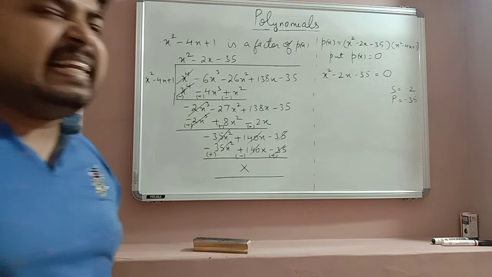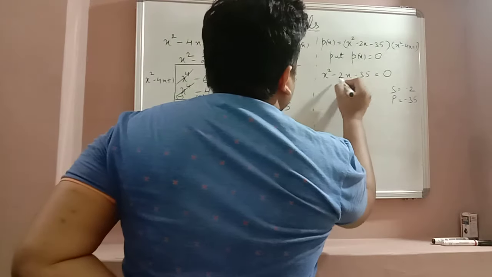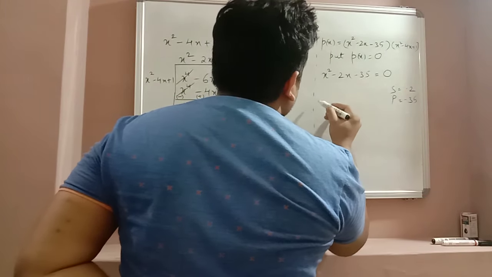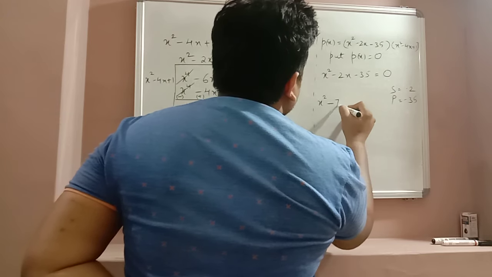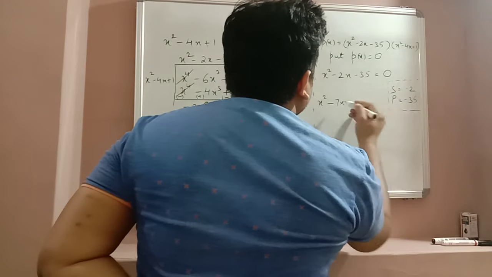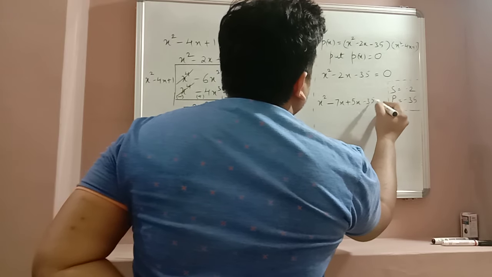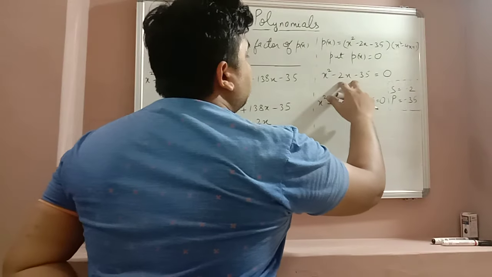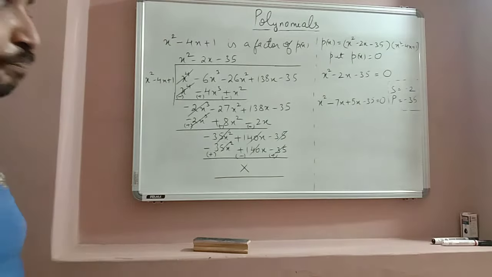The numbers are minus 7 and 5. So I'll split this term minus 2x into minus 7x and 5x. So this will turn out to be x square minus 7x plus 5x minus 35 equal to 0.